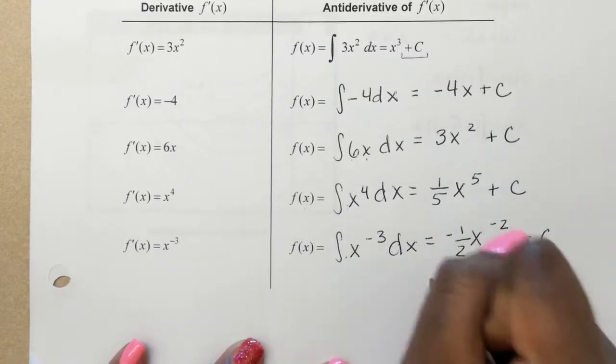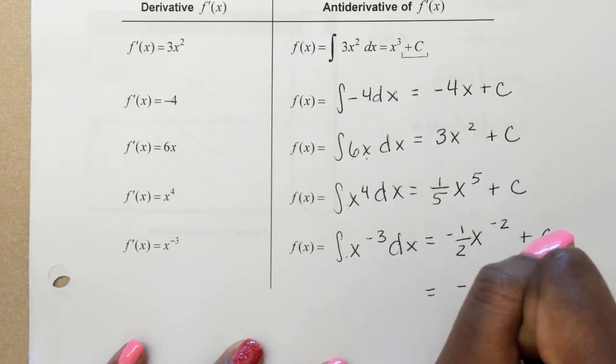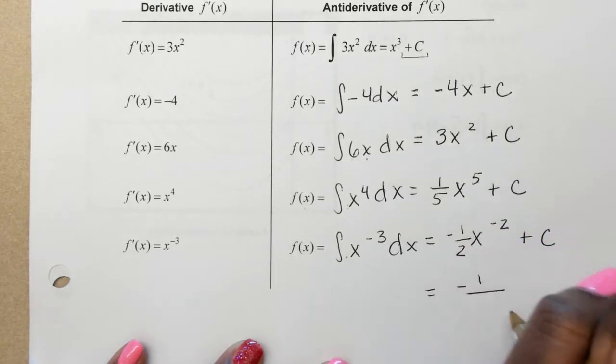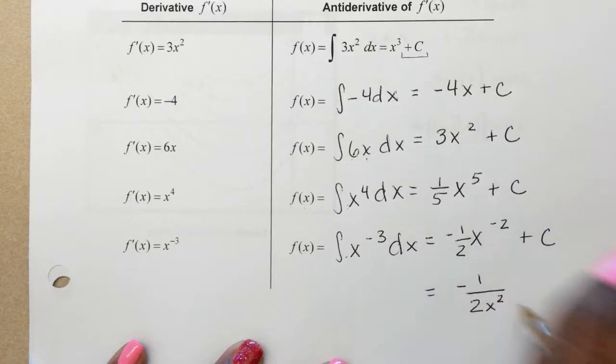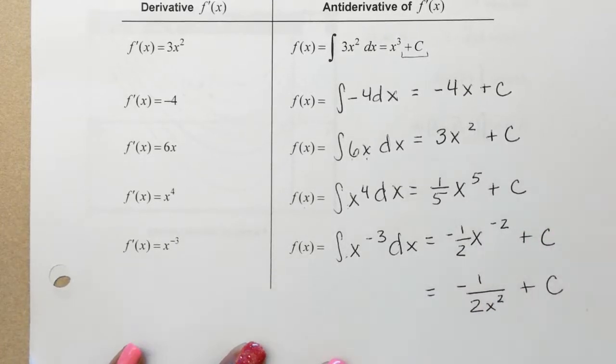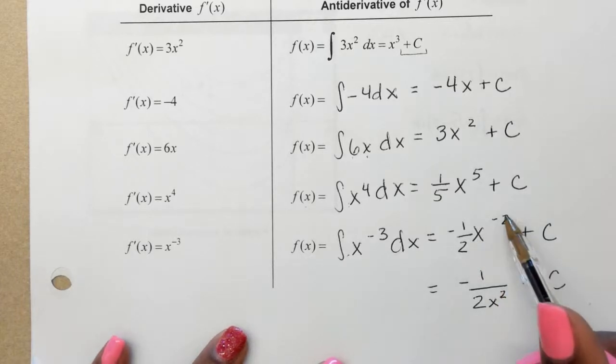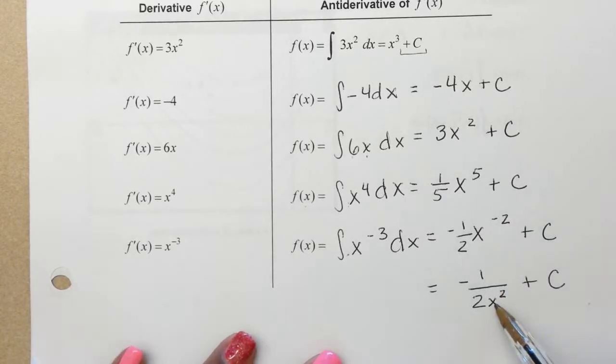Which we can rewrite as negative 1 over 2x squared plus c, because x to the negative 2 is just x squared at the bottom of my fraction.